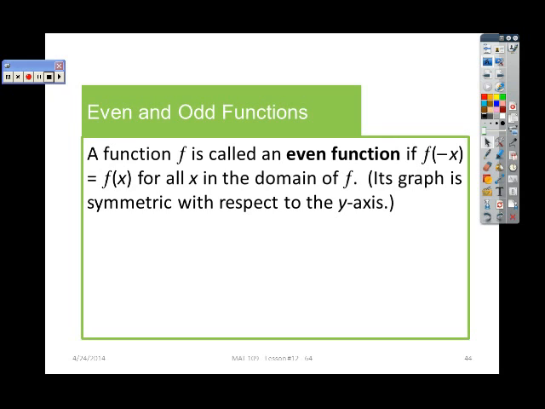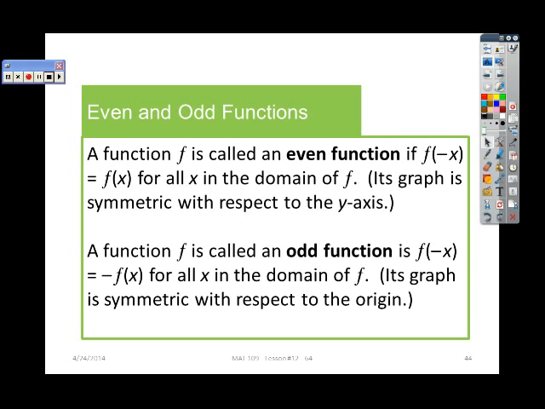That's the same thing as being symmetric with respect to the y-axis. So an even function is symmetric with respect to the y-axis. An odd function is one where if you evaluate that function at a negative number, you will get the negative of what you would get with x. That's symmetric with respect to the origin, like the cube.